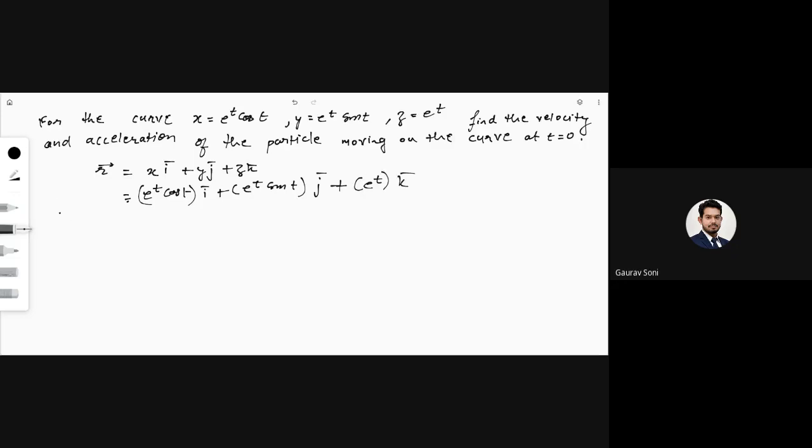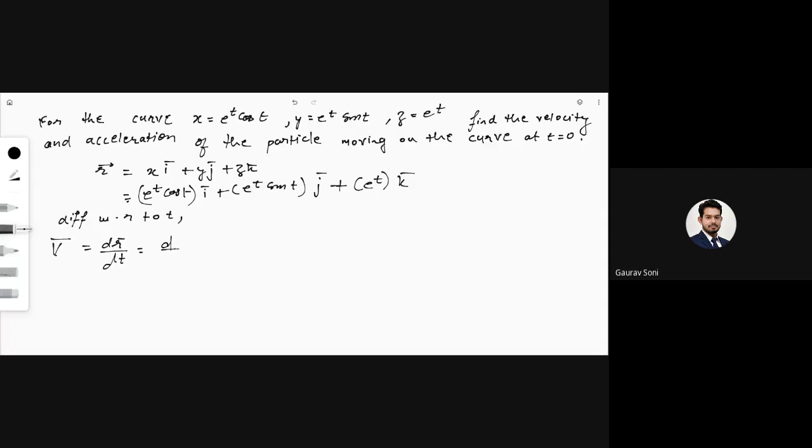So the velocity will be the derivative of this. So differentiating with respect to t, we'll get the velocity vector dr bar by dt.